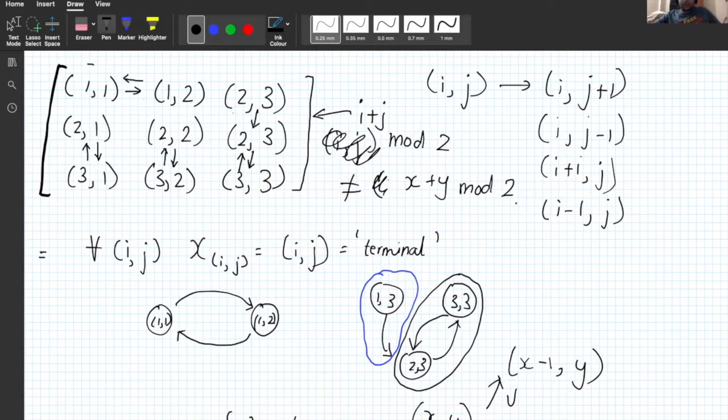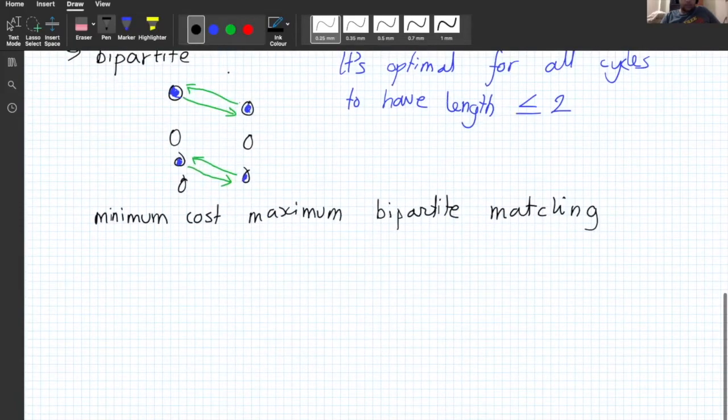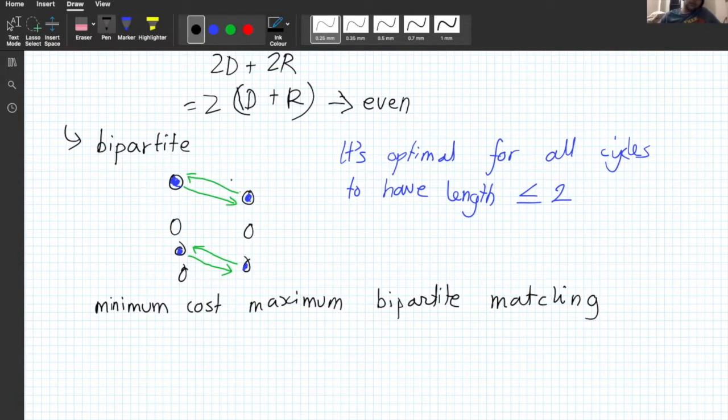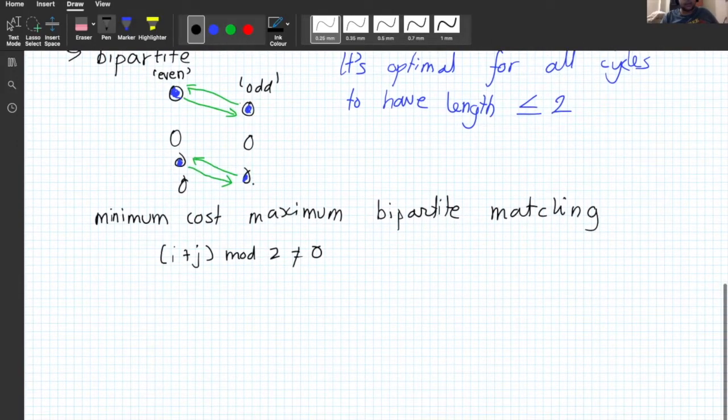This is pretty obvious, because we add 1 wherever we go, so the modulo changes: if it was 0 it becomes 1, if it was 1 it becomes 0. So in our bipartite graph, we can have all of the even nodes on one side and the odd nodes on the other side. Even are those for which i plus j mod 2 is equal to 0, and odd are ones for which this is not true. So that's a division into a bipartite graph.